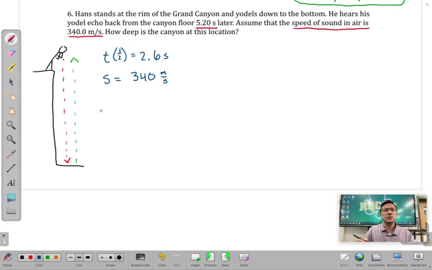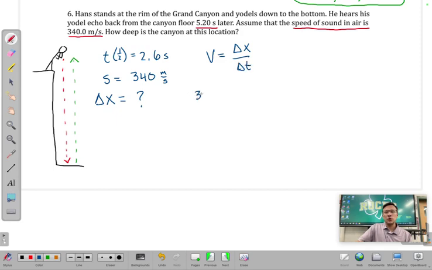Really, it's asking you for a vertical change in position, basically. Technically, this would be delta y, or the height, but to keep it consistent with our variables and symbols, we'll go ahead and put in delta x, the change in position of his voice, really. So now we choose an equation. Once again, velocity is equal to displacement divided by time.